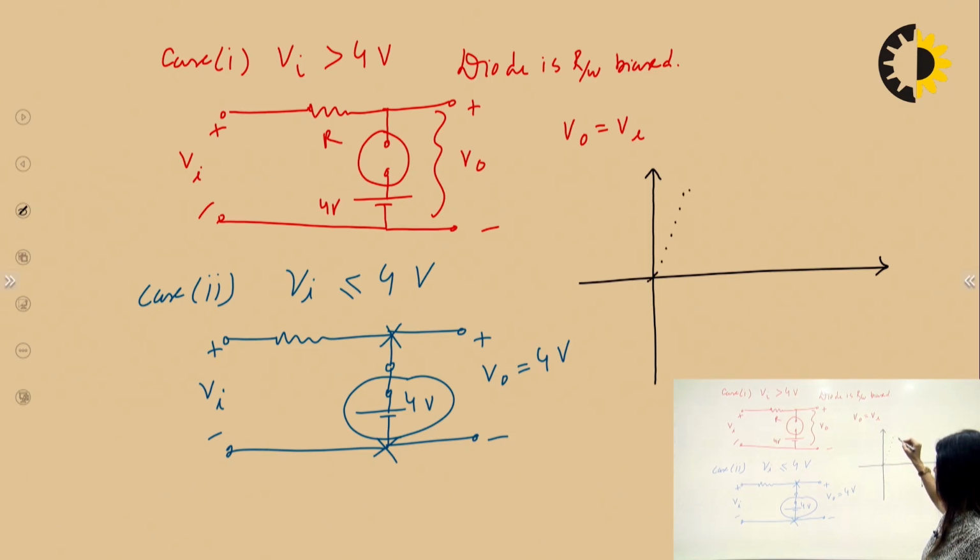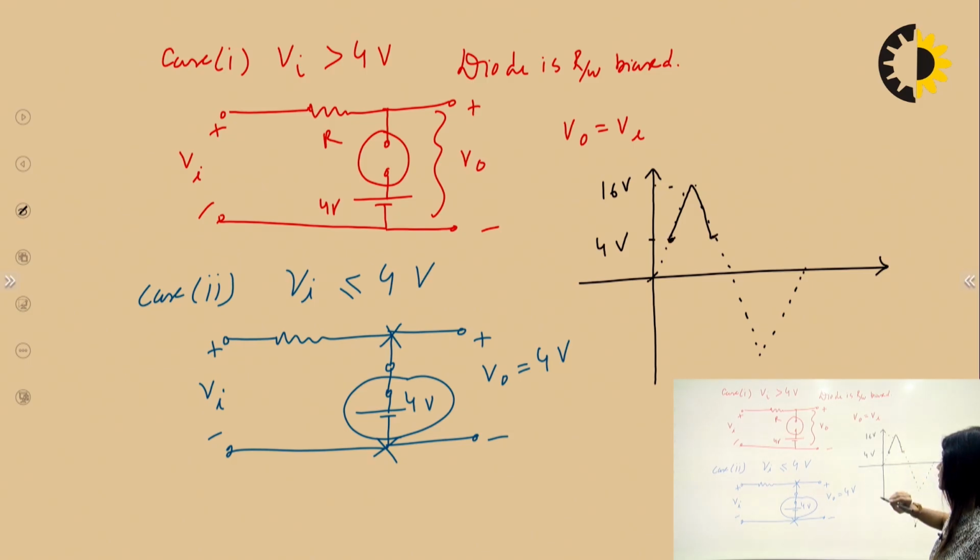Draw a rough sketch of input voltage. This is 16. Mention your 4 volt point. Slowly you need to work on. Don't be in so hurry, otherwise you will make the waveform wrongly. So here for 4 volt, above 4 volt, VO is equal to VI, right?